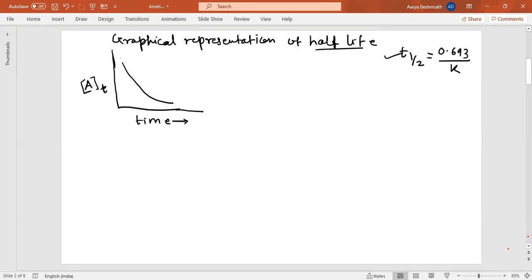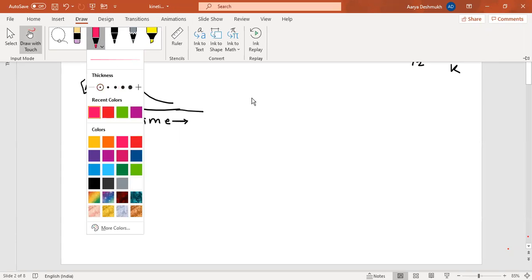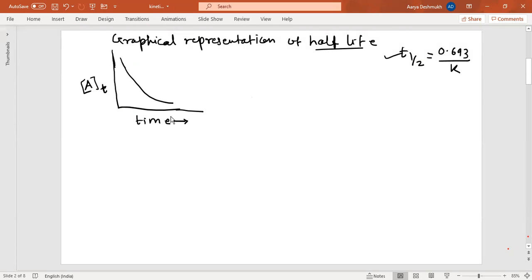So if you have such type of curve here, I'll use another color so that it will be more clear for you. So now you have this graph in front of you. Now if I write here T half, this is the half-life for this particular reaction.